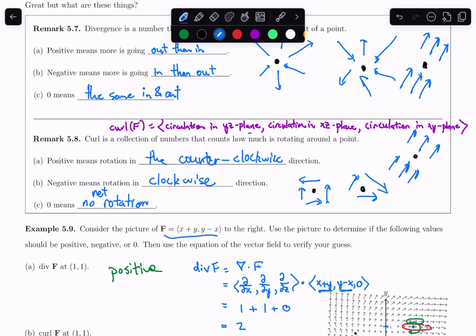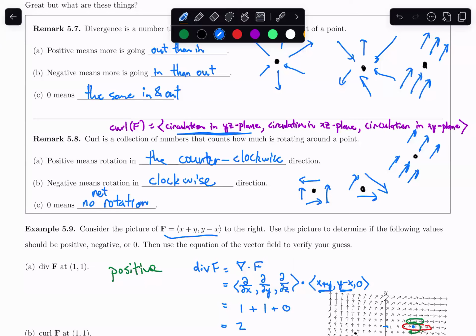So if I just looked at the first component, let's suppose that there's a 5 there. Well, that means that in the YZ plane, if you were to isolate and look at the vector field in only the YZ plane and strip away all the other vectors going on in space, it would look like the vector field is trying to push particles around in, well, it was 5, so that's going to be a counterclockwise rotation.